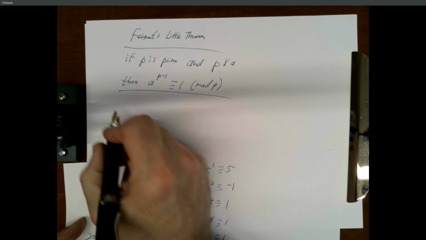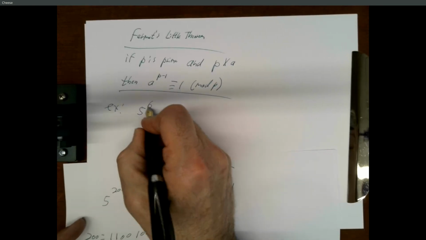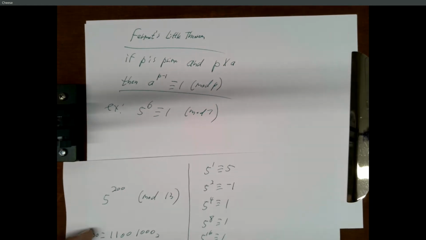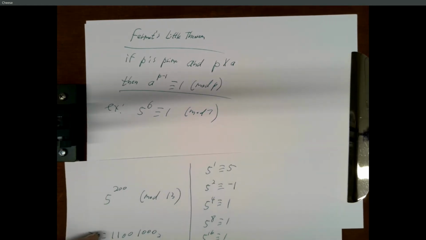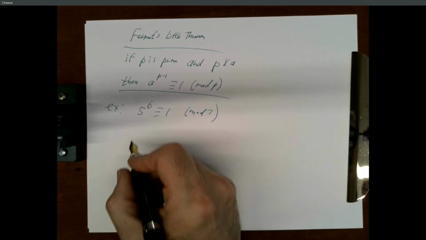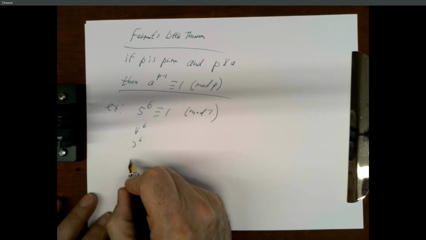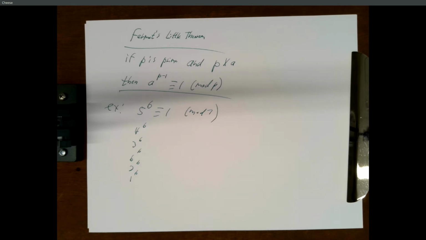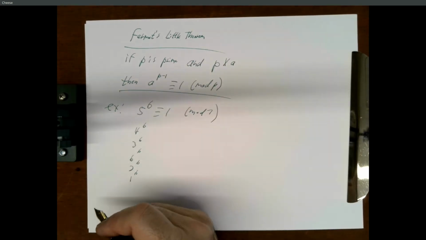So for example, 5 to the 6th is congruent to 1 modulo 7. So is 4 to the 6th, and 3 to the 6th, and 6 to the 6th, and 2 to the 6th, and 1 to the 6th. In fact, anything to the sixth is congruent to 1 mod 7, except for multiples of 7.